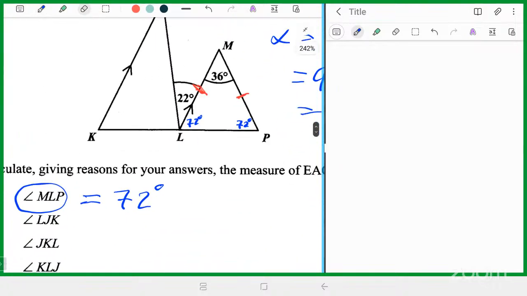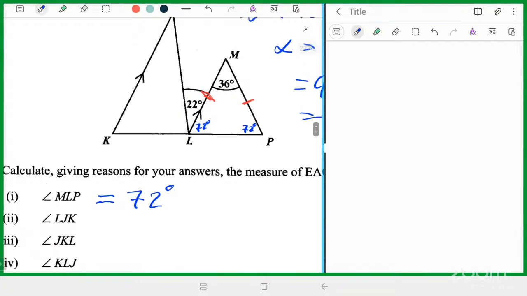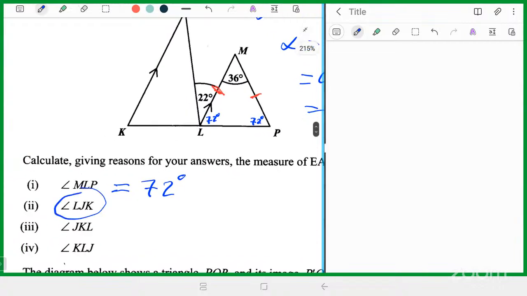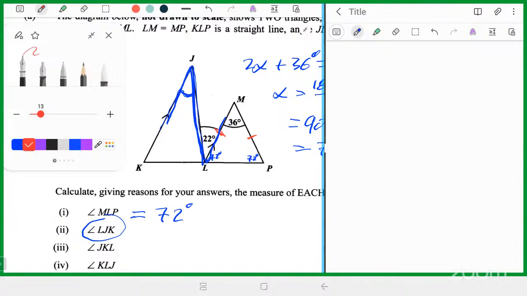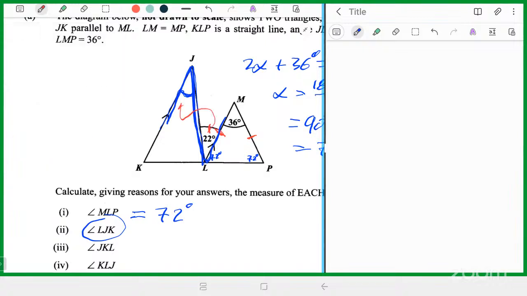The next angle I want us to find is angle LGK. That's this angle up here. Now that angle is alternate to the 22 down here. See that? So they are equal. They are alternate angles, angles in the Z. So those two angles are equal.